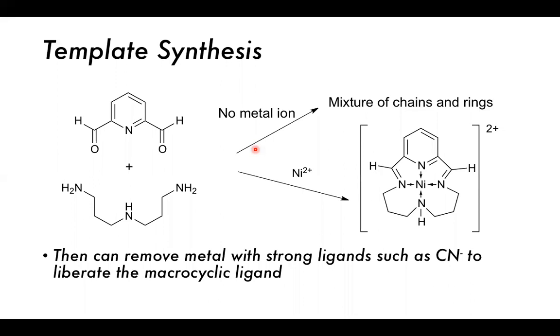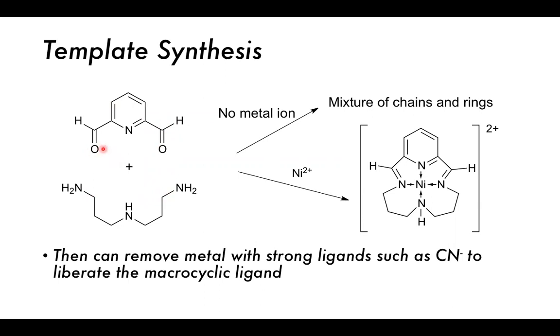Template synthesis then. We have here the desire to form a ring between this molecule and this molecule. The thing about it is that it's possible for this nitrogen to react here and form an imine, and then a different molecule to react on the other side, and then to form a long chain, almost like a polymer.